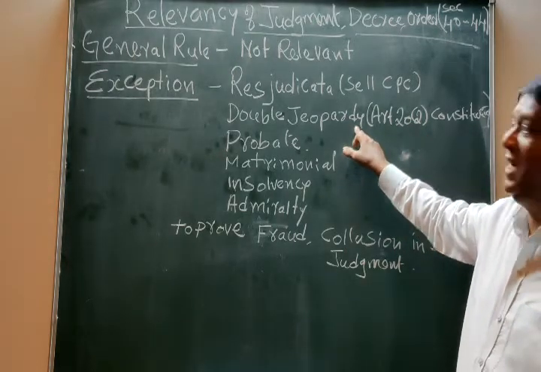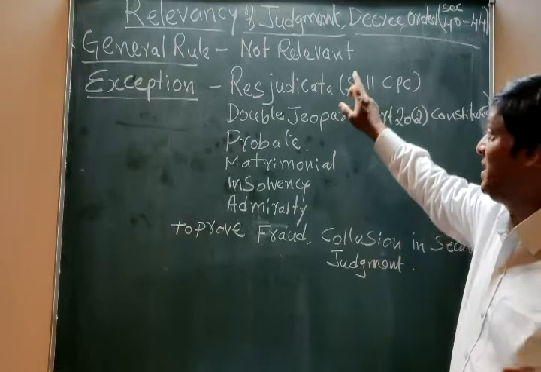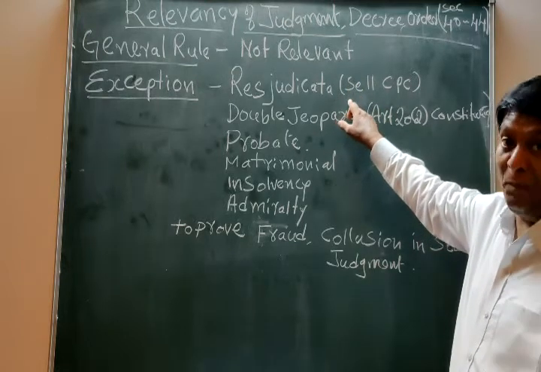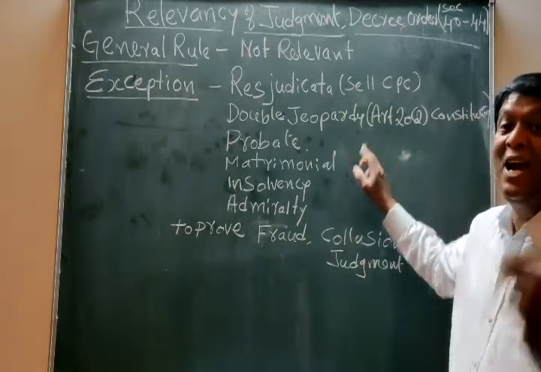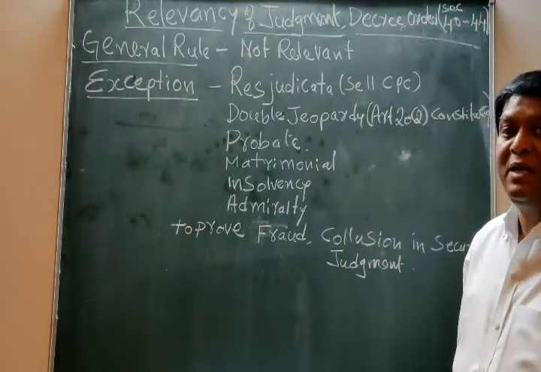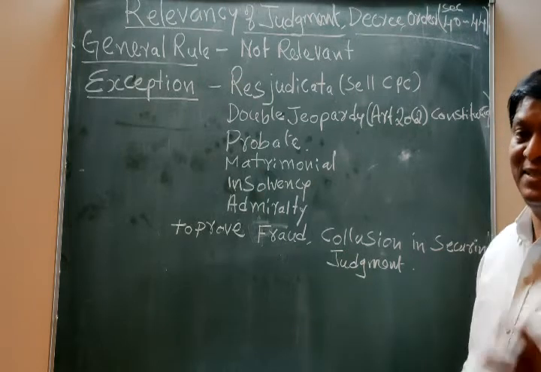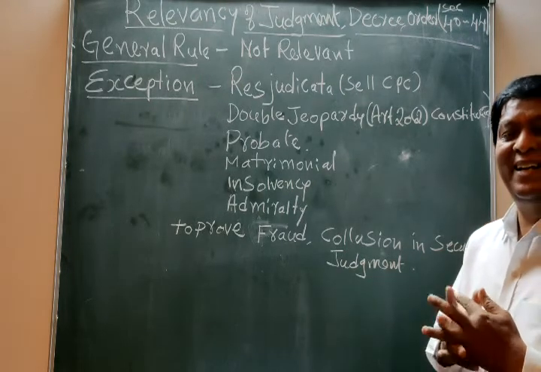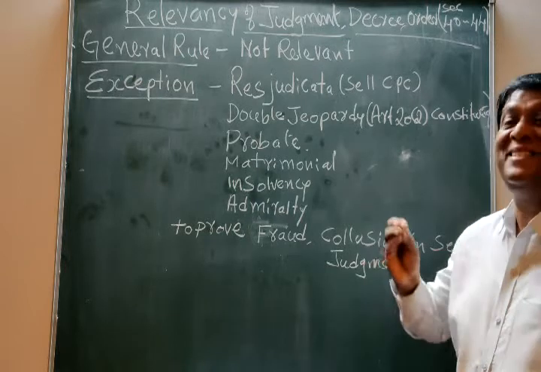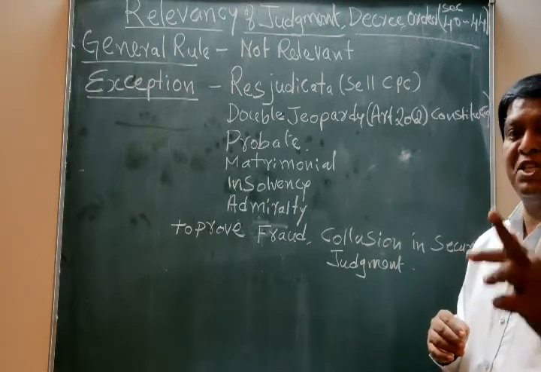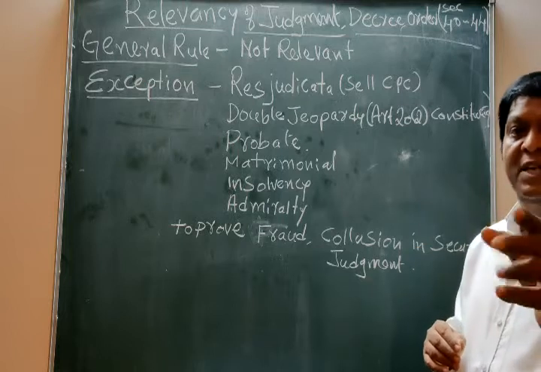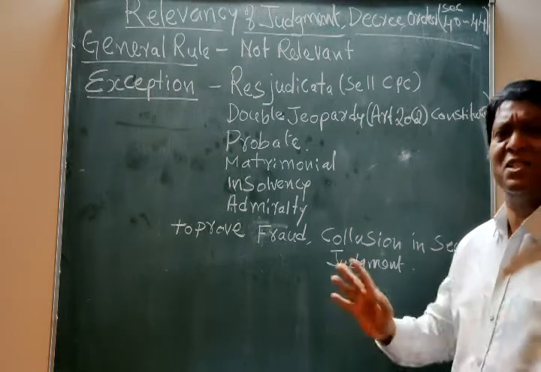Remember, both are the same, but res judicata applies to civil cases, double jeopardy applies to criminal cases. It says this much: no one shall be punished or acquitted twice for the same offense. That's all.